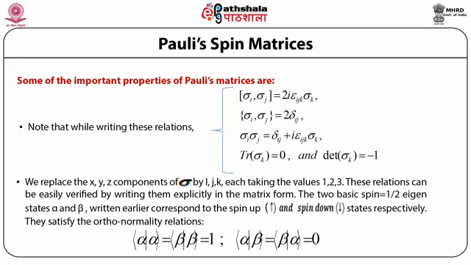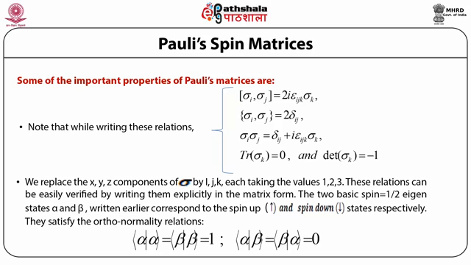So wherever in the relation we see that the indices i and j are occurring, they actually refer to the three components x, y, and z. And if i is component x, then j will be component y and k will be component z. And similarly, we can do it in a cyclical order, and accordingly we can get which component is being denoted or represented by i, j, and k.